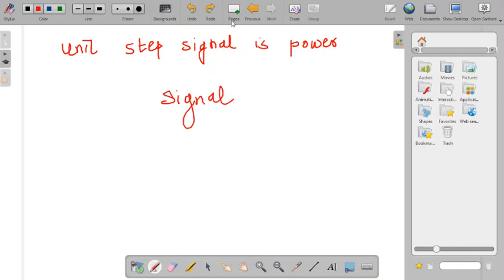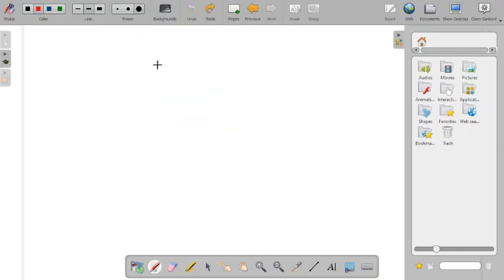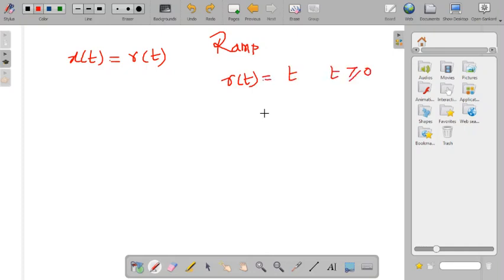Let us go to the next example, wherein we take x(t) equal to r(t). We know that r(t) is a ramp signal, and it is defined as r(t) equal to t for t greater than or equal to 0, and it is 0 for t less than 0.